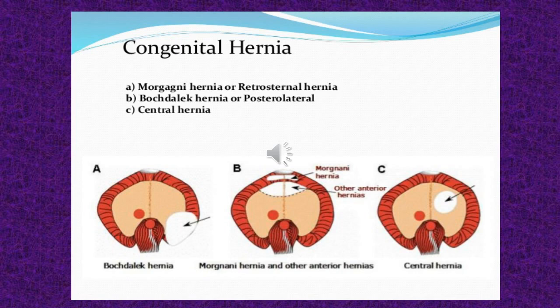Regarding the central hernia, it is rare, left-sided, and is supposed to be the result of rupture of the fetal membranous diaphragm in the region of the left dome. And regarding the posterior hernia, this is due to the failure of development of the posterior part of the diaphragm. One or both crura may be absent.